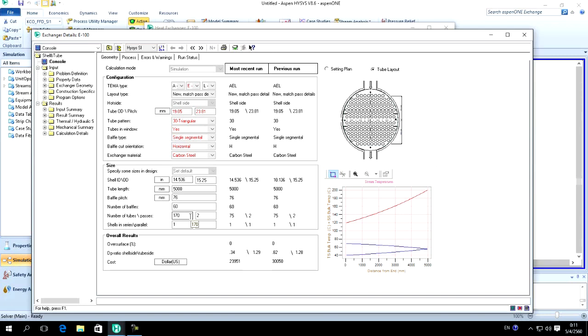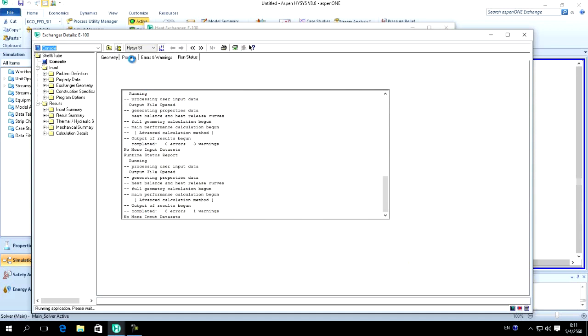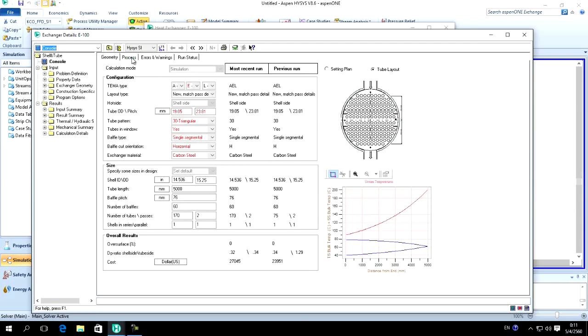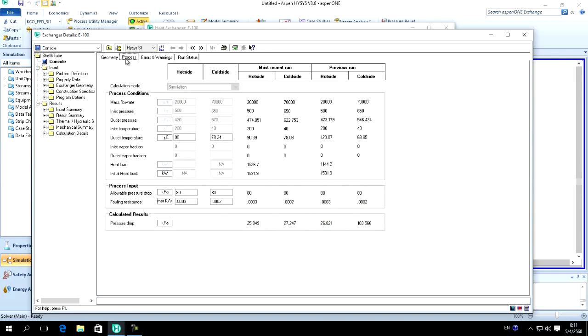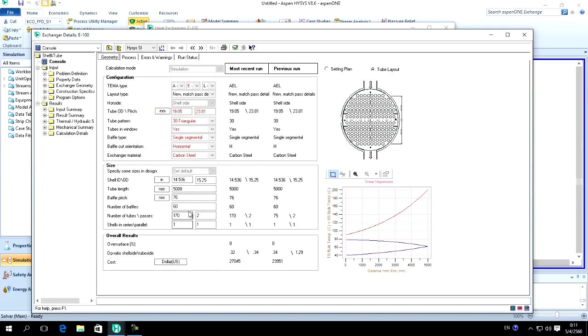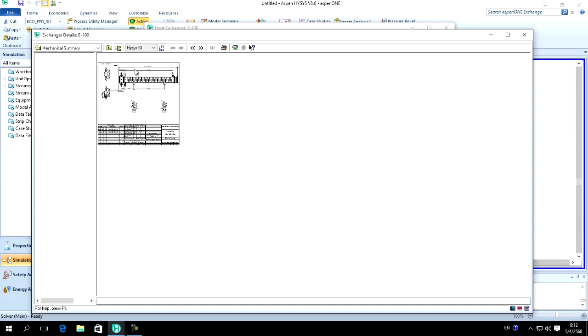And then you have to make sure that the process is still running. When I check with this, I get the temperature outlet pretty close to what I want. Okay, that would be very nice. Let's see what I have in the layout.